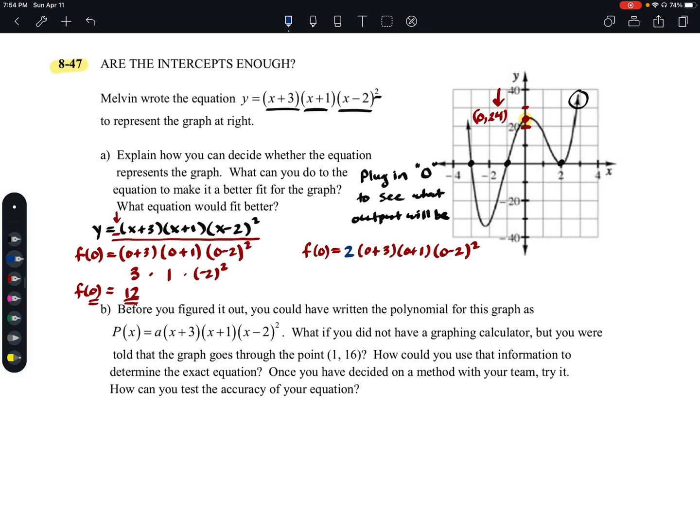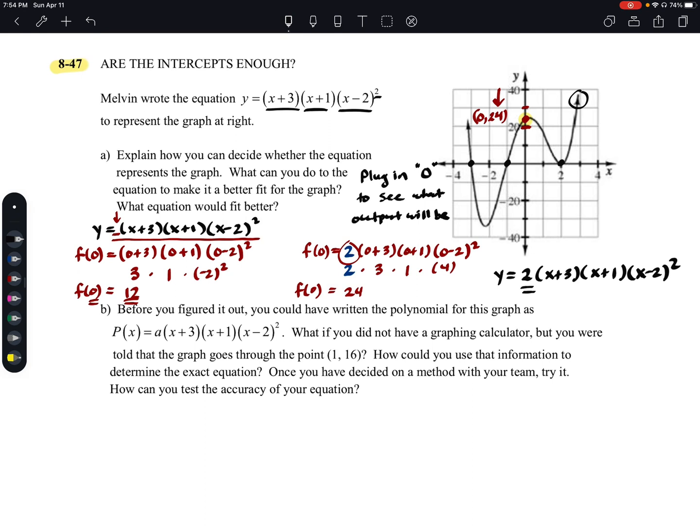Now when we're figuring out what this side would equal, we'd have 2 times a 3 times a 1 times a -2 squared, which is 4. When we multiply that all together, we get 24, and it fits our graph a little bit better. So this part was missing. If we had that extra stretch factor in there, it would definitely fit better. It would be like saying y is equal to 2 times the quantity of x plus 3 times the quantity of x plus 1 times the quantity of x minus 2 squared. So we added that extra stretch factor in.